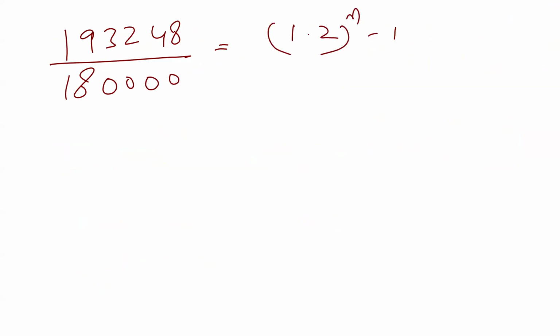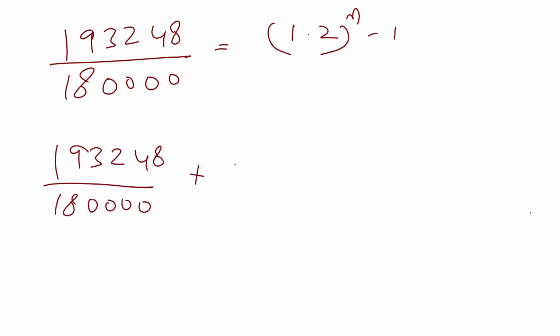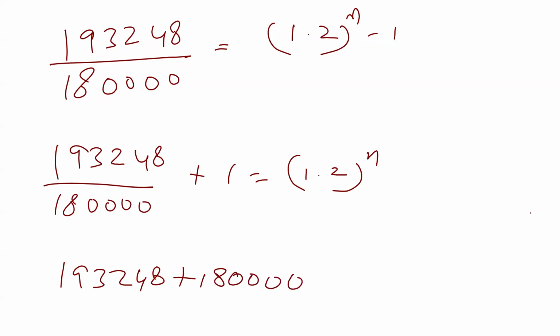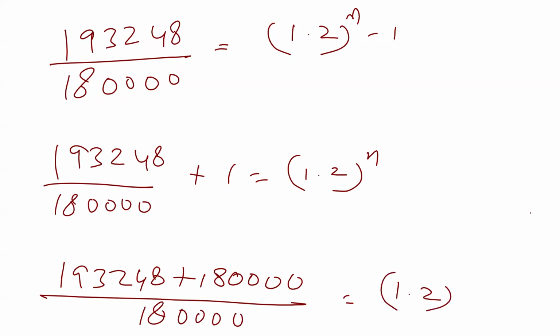Take the minus 1 on the other side. 193248 upon 1,80,000 plus 1. So 193248 plus 1,80,000 upon 1,80,000 is 1.2 raised to N. Just add this, 3248 will be written first.